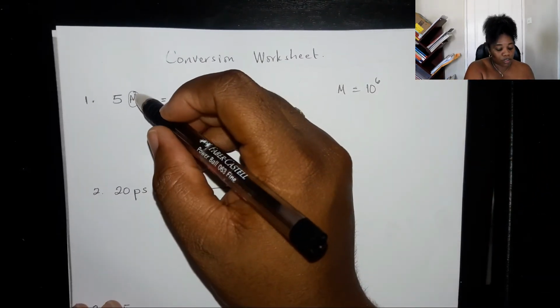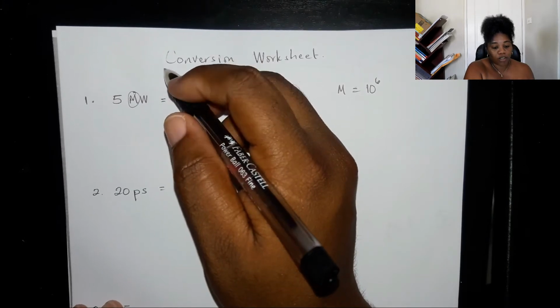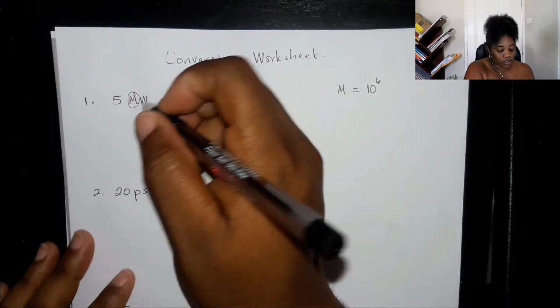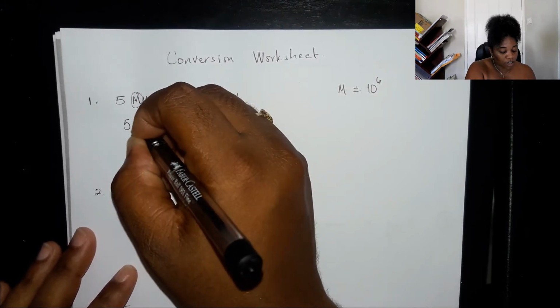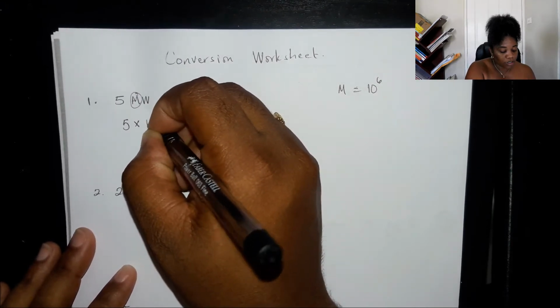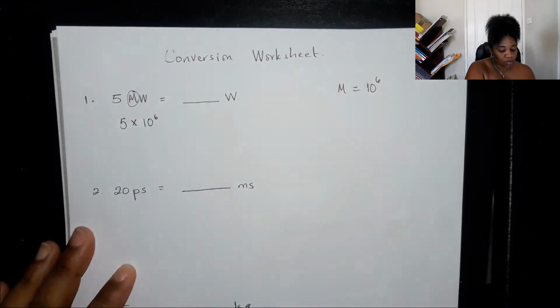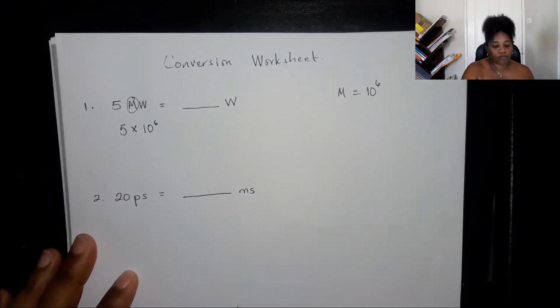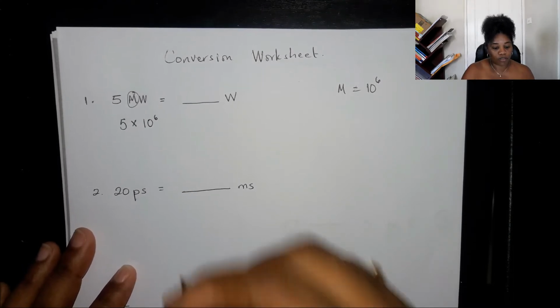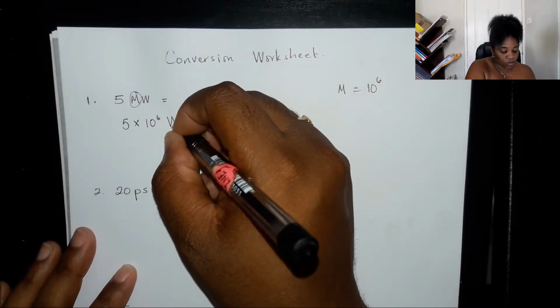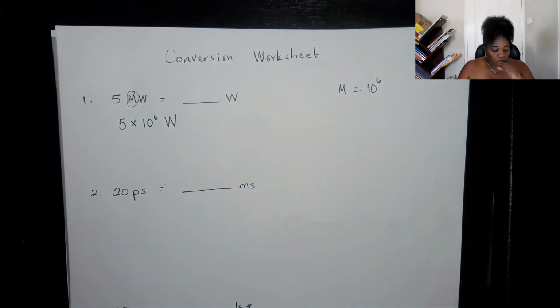So if you want to get rid of the mega, all you have to do is say 5 times 10 to the 6. So that's all you have to do for that one, and that will be equal to watts.